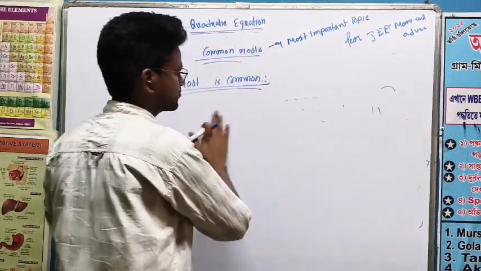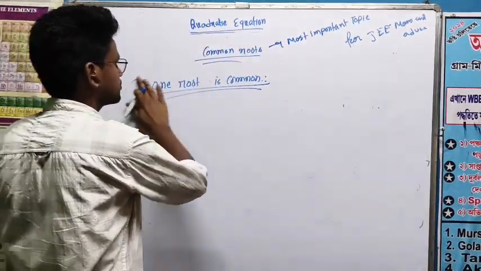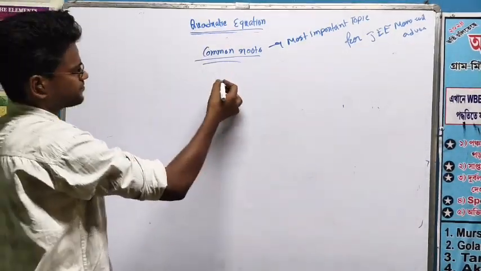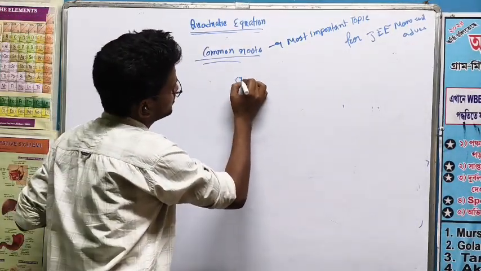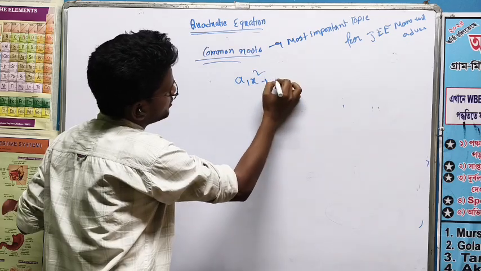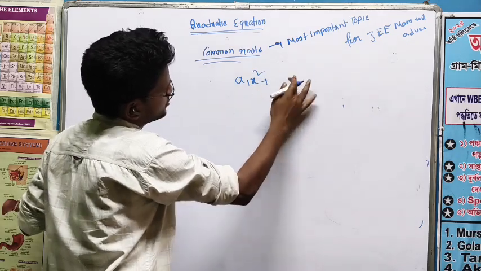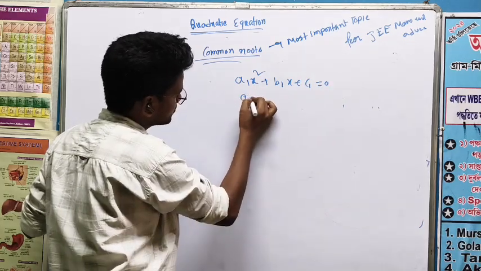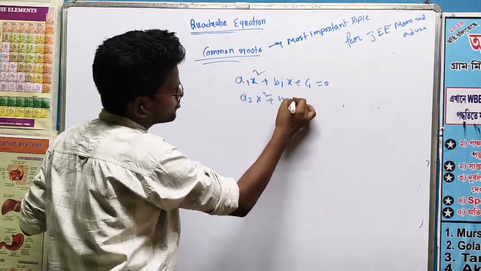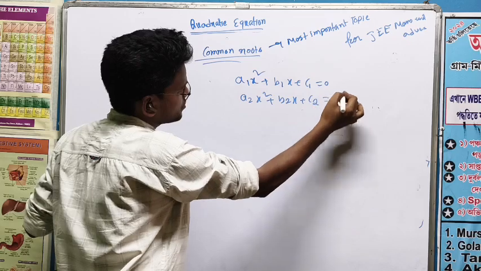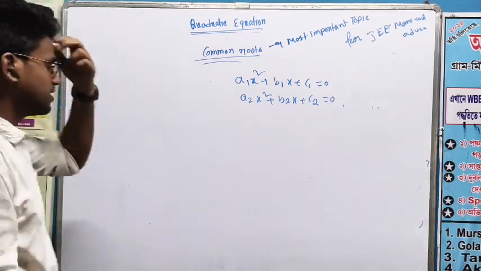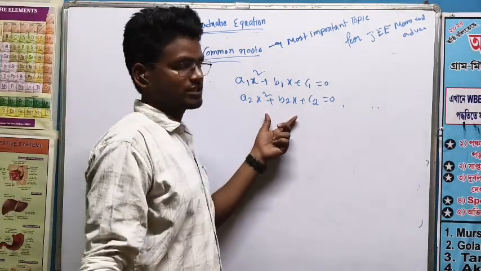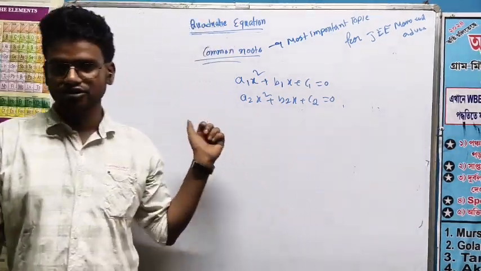We have a1x square plus b1x plus c1 is equal to 0, and a2x square plus b2x plus c2 is equal to 0, and alpha is the common root. How do we determine the common root of these equations?